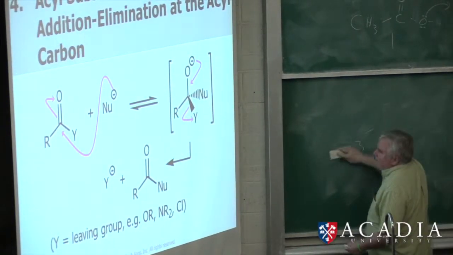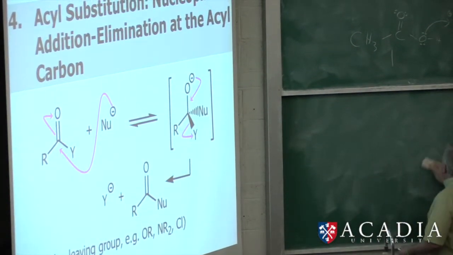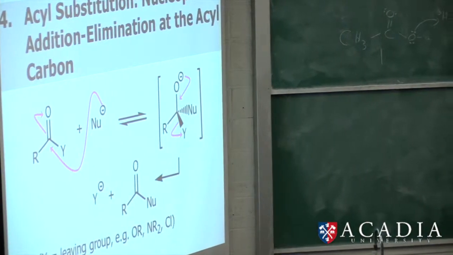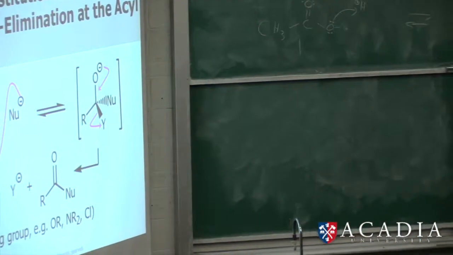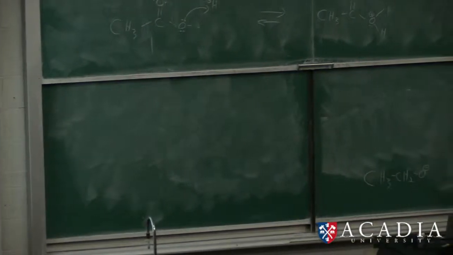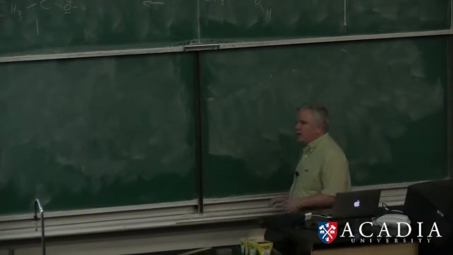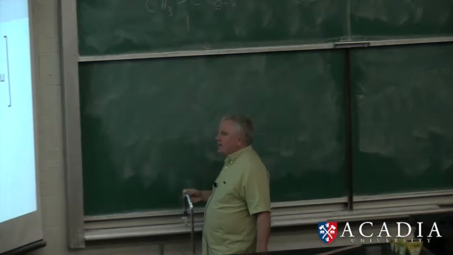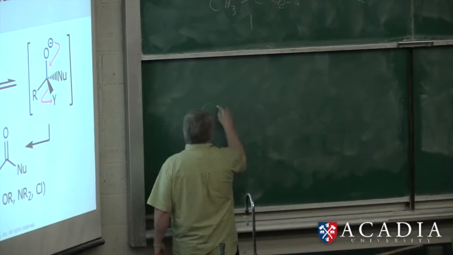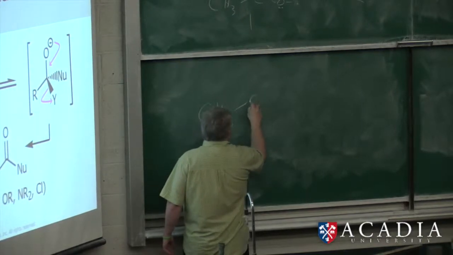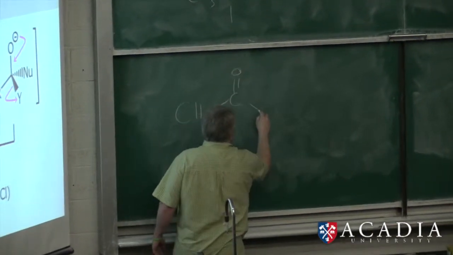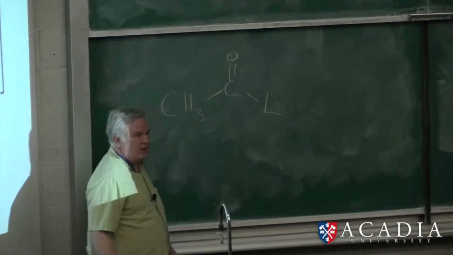And the nice thing about this is you guys have already seen this. I don't know why our textbook uses Y for a leaving group. I like to use L, and I'll probably use L. So if we have a carboxylic acid, all we have is a leaving group here, okay?